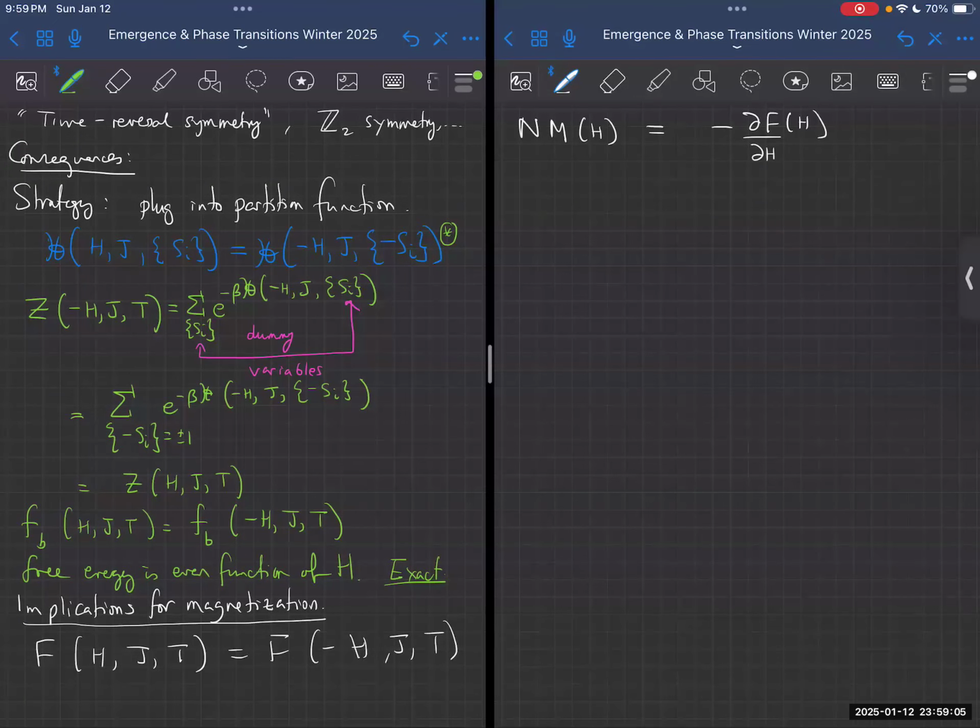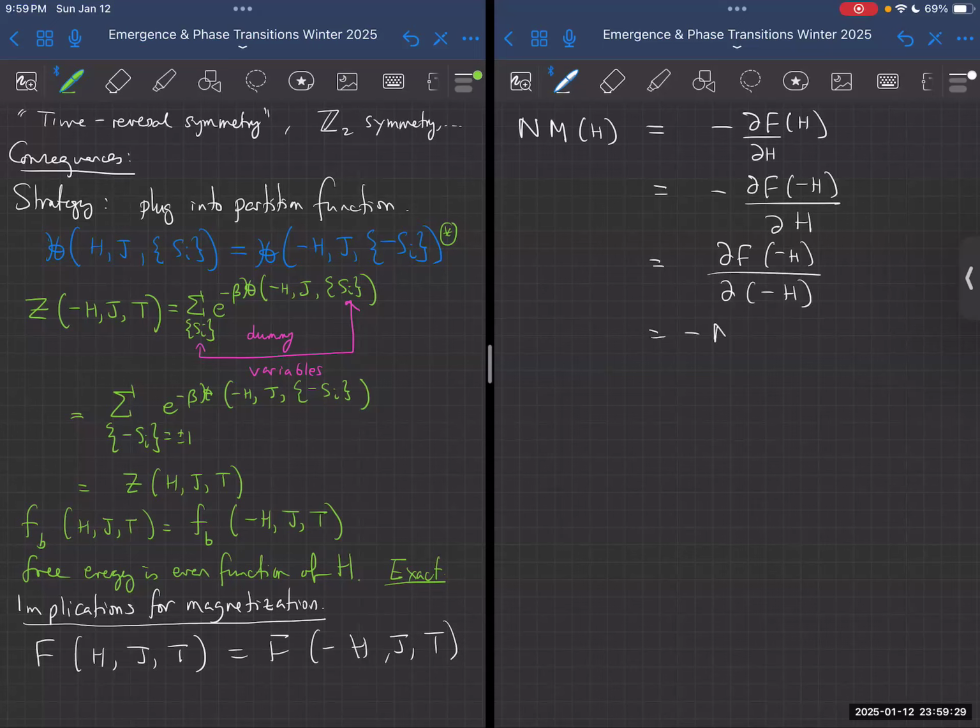But I also know that F itself is an even function. So I can write this as minus dF by d of minus h, and so this thing is then minus times the magnetization of minus h.